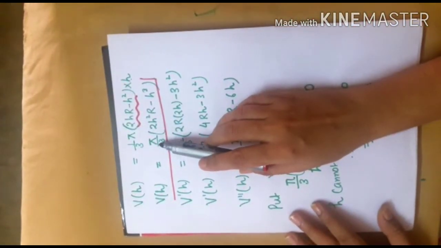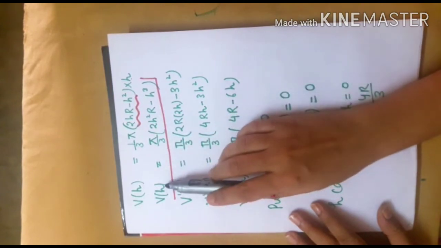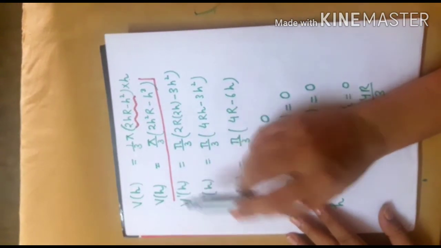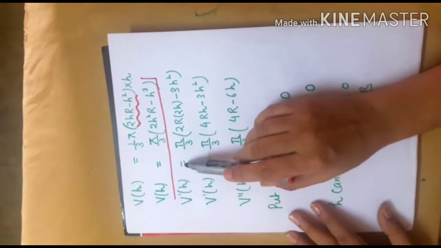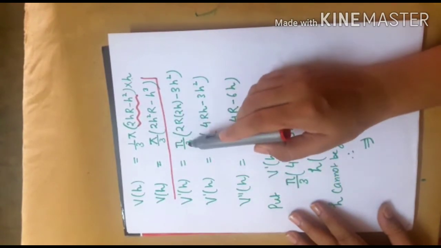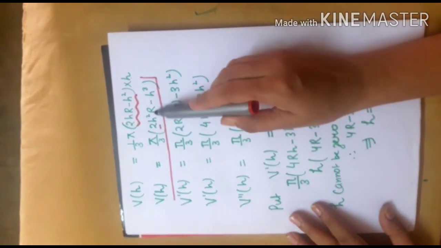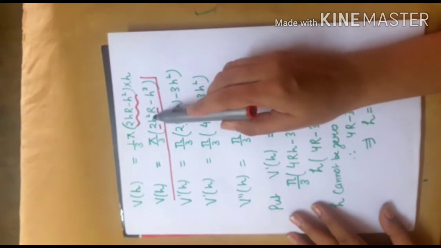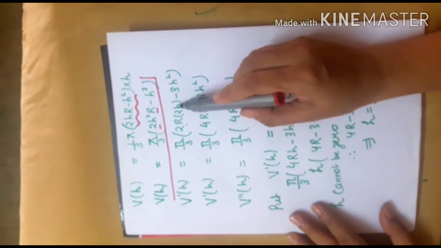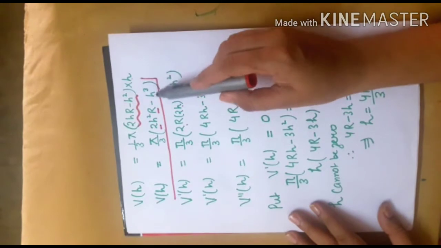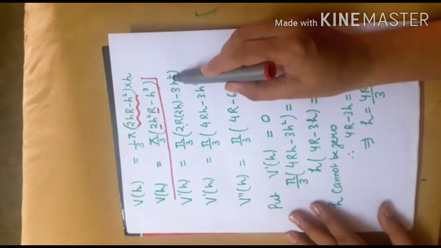Now I need to find the critical points. For that, I'll differentiate this function with respect to h. So V dash h will be equal to pi by 3, 2R is constant, and the derivative of h square will be 2h, minus the derivative of h cube will be 3h square.